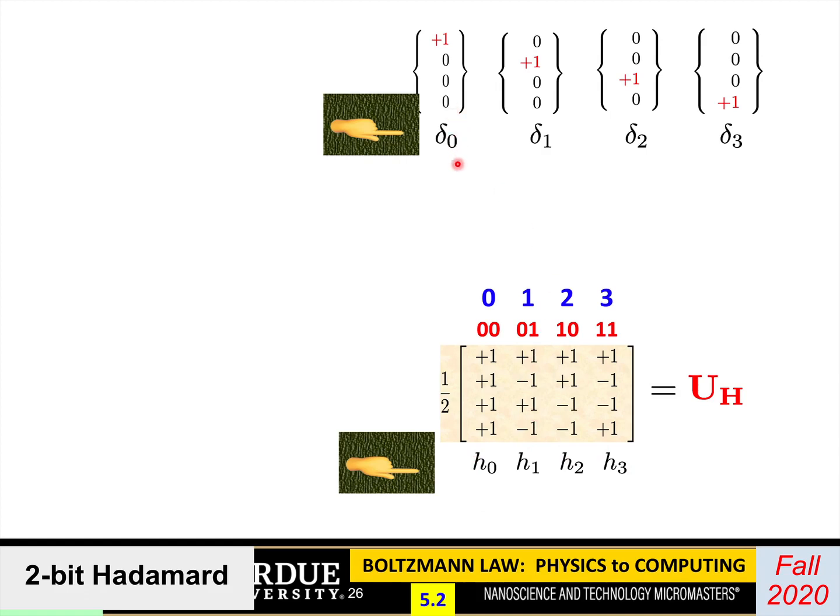And we also define what you might call something like a delta function, which is delta 0 means you only have +1 in the 0, 0 position. Delta 1 means you only have +1 in the 1 position, delta 2 in the 2 position, and delta 3 in the 3 position. So these are the inputs we had been considering, and these are what you get after application of the Hadamard gate.